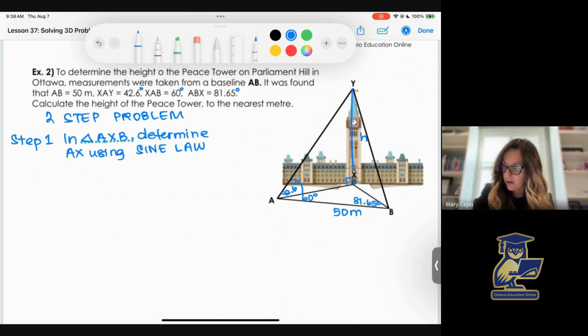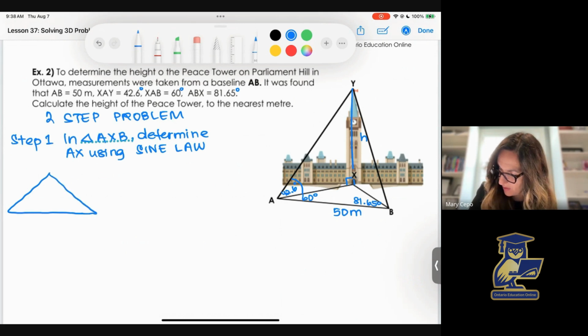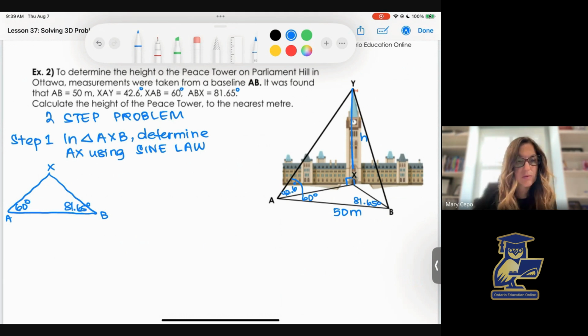Okay, so with that, I'm going to take it apart because I like to have everything laid out separately, because it gets a little confusing when you have two triangles attached to each other. So we know this is 60. We know this is 81.65 degrees. Now again, notice we're missing that one angle X. We can easily determine that knowing that all the angles in the triangle have to equal 180.